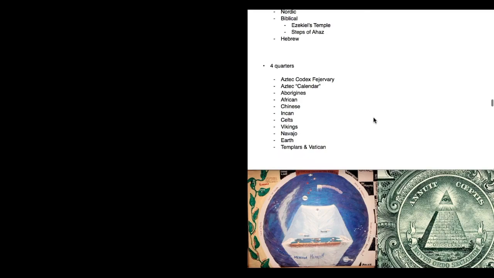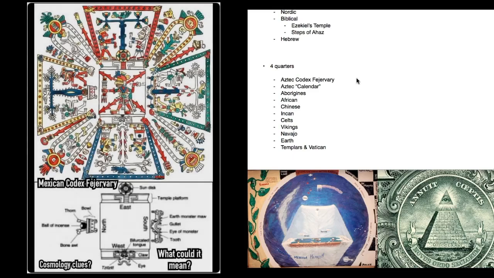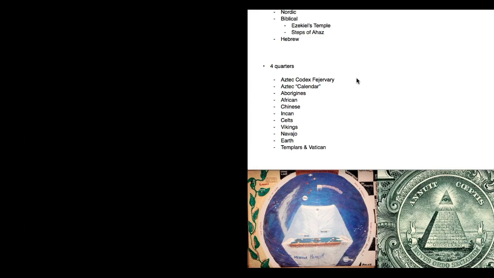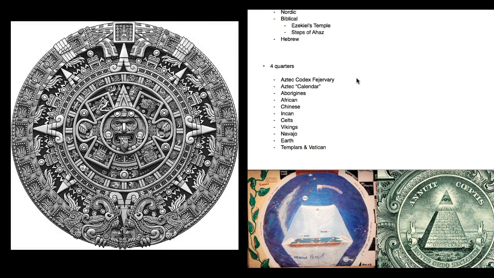Next, we also have plenty of cosmologies that, although they don't show the full cosmology, they do depict four quarters. So we have the Aztec Codex Fejervary, first of all. Then we have the Aztec calendar, or so-called calendar, which seems to be more like a map of the heavens, which also has four corners.